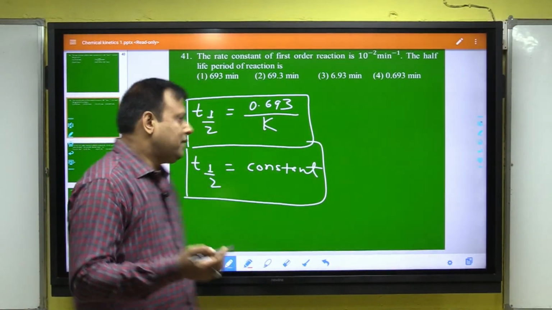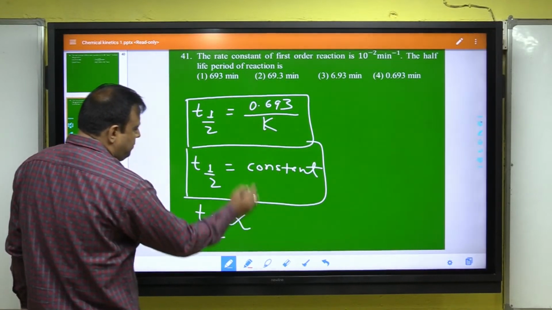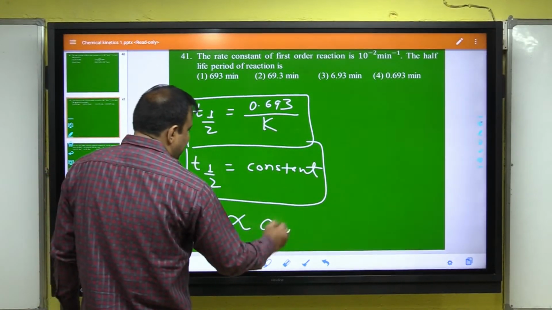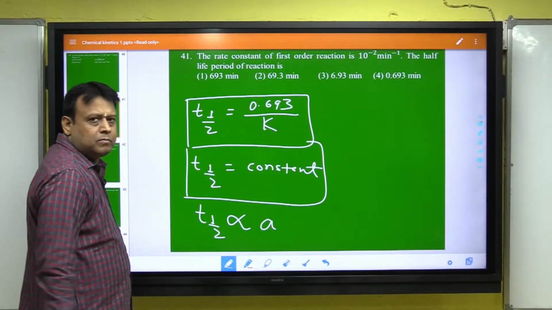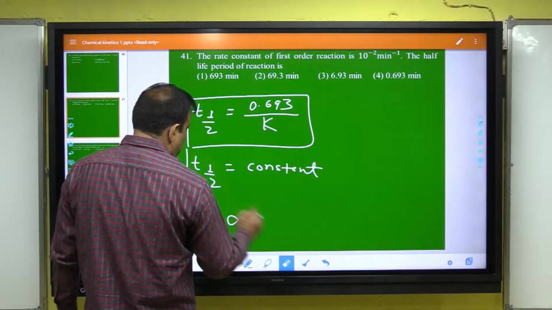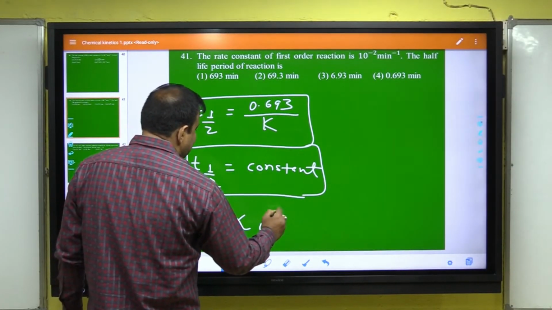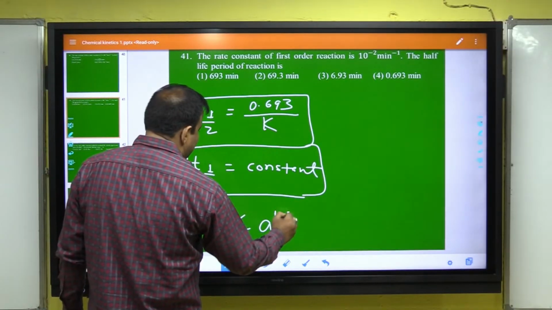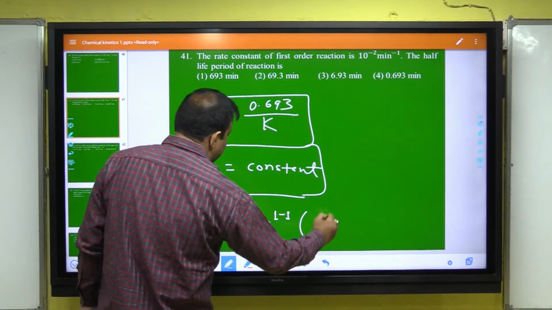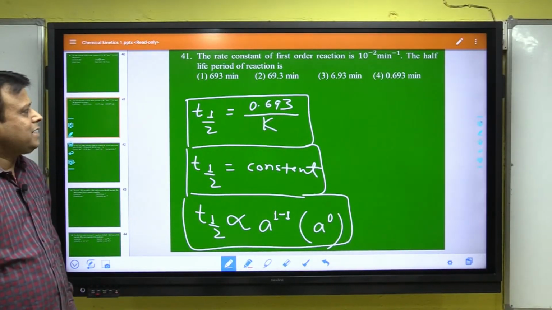concentration of reactant, and hence it is also written as T half proportional to A to the power 1 minus 1. That means A to the power 0, and A to the power 0 means 1, constant.